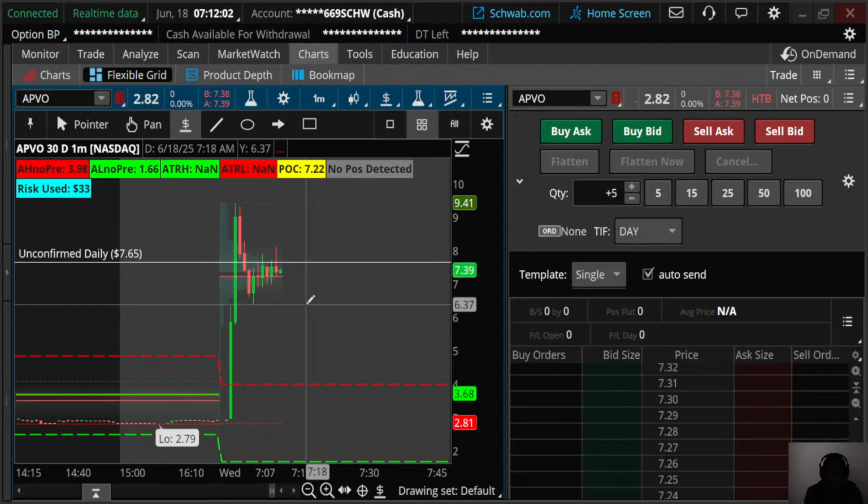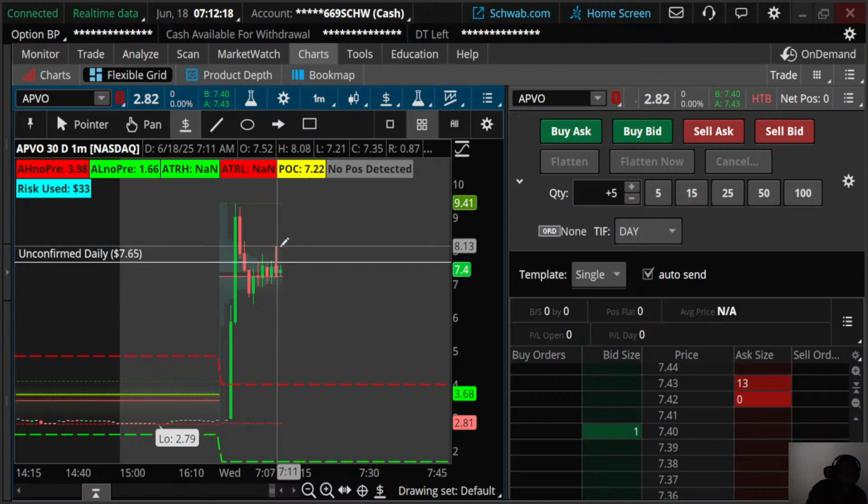Closing up under it. Getting aggressive back towards that 765. But the previous high up here is all the way up here at 809.